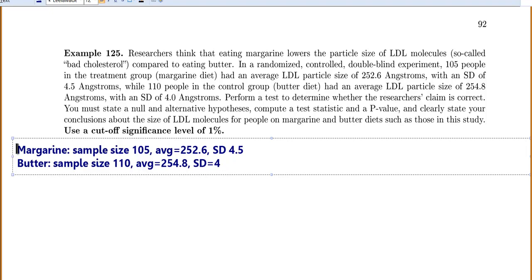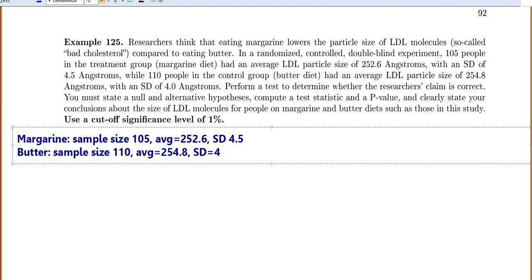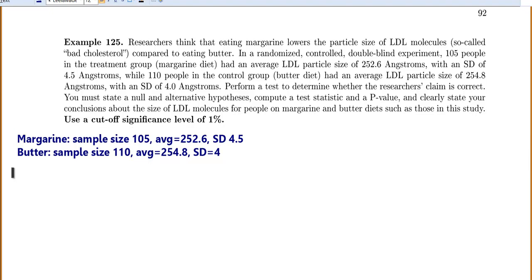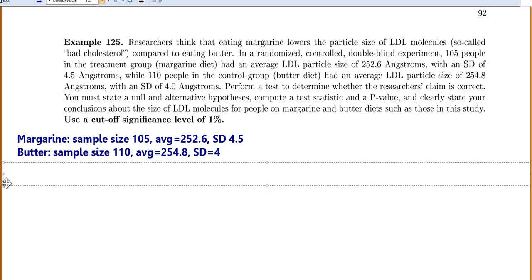Now, did you guys notice in the video in this one that sometimes my sample sizes are different between the two groups? That's okay. There's absolutely nothing wrong with that. Now we should also check that we have both large sample sizes or normal data.